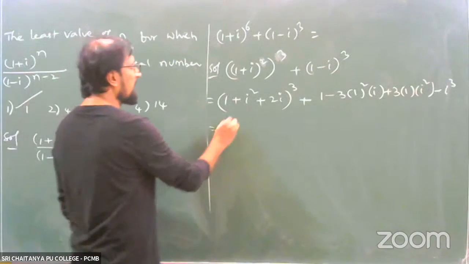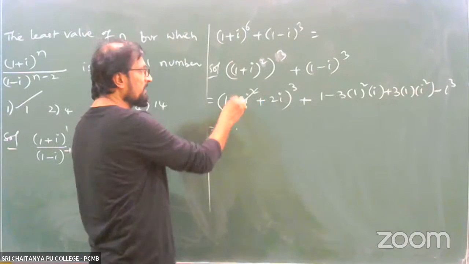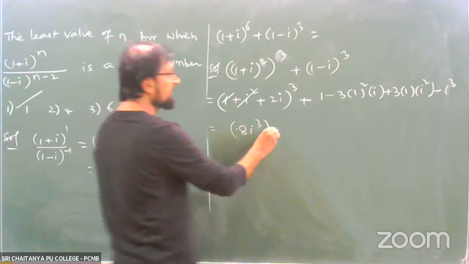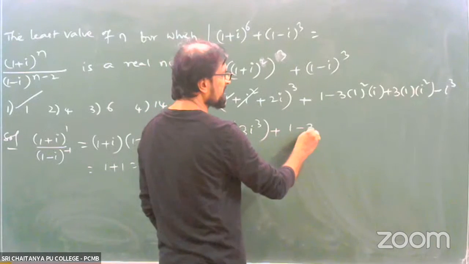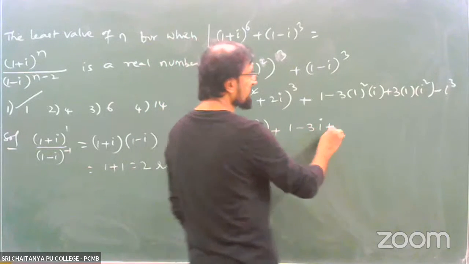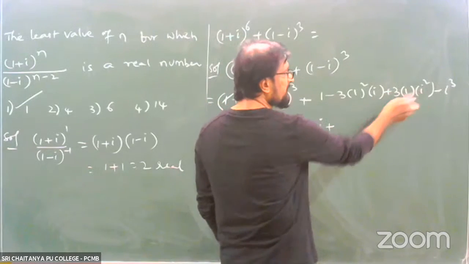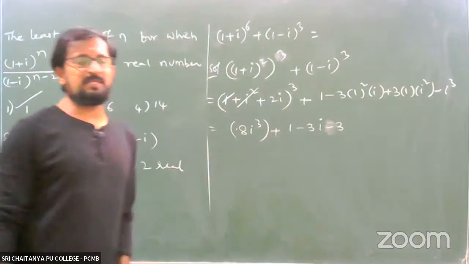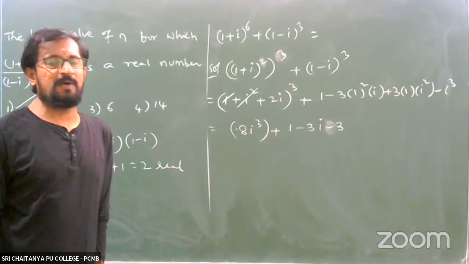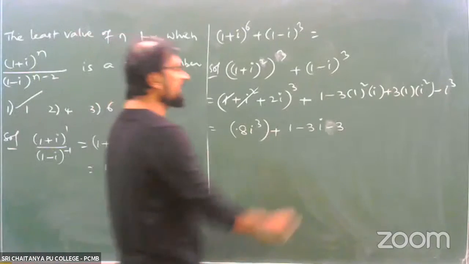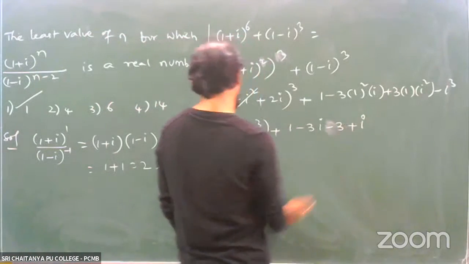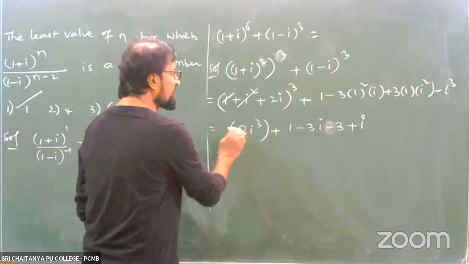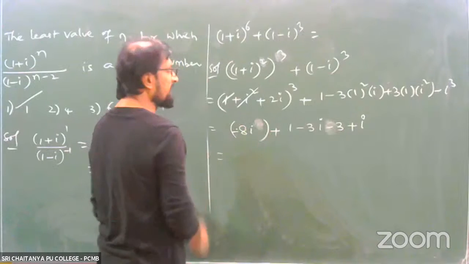That means i square value is minus 1. This and this get cancelled. It becomes 8i cube plus 1 minus 3i, and i square value is minus 1, so it is minus 3 minus i cube. Minus i cube means minus of i cube, which is minus i times minus, so it becomes plus i. I cube value is minus i, so it is minus 8i.